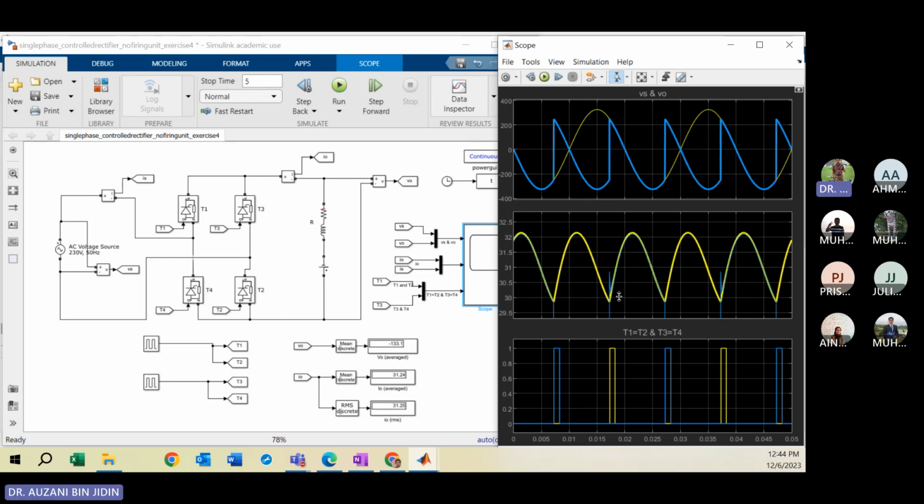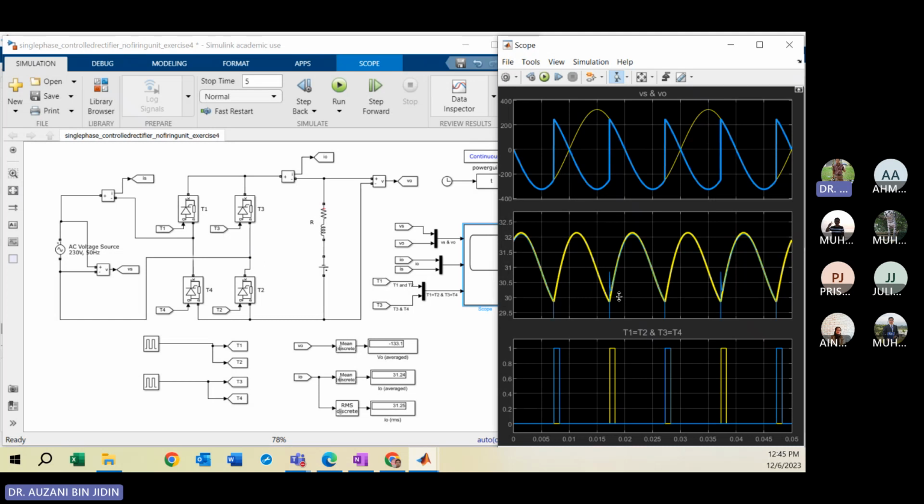Maybe the maximum is almost 32 ampere, the minimum 30. So the difference is almost 2 ampere. It's a little over, there is a small error, but the result is acceptable because in percentage, it is still less than 5%. Okay, that's it.